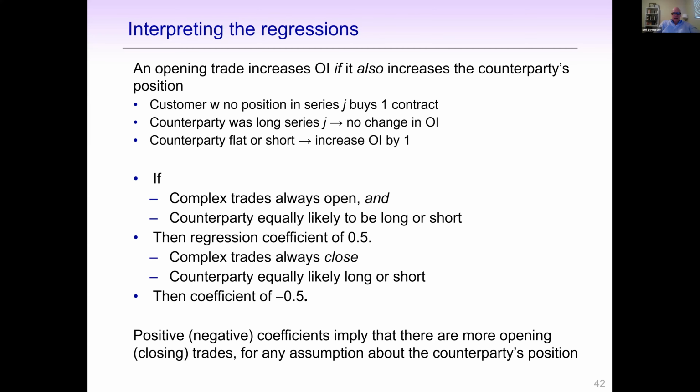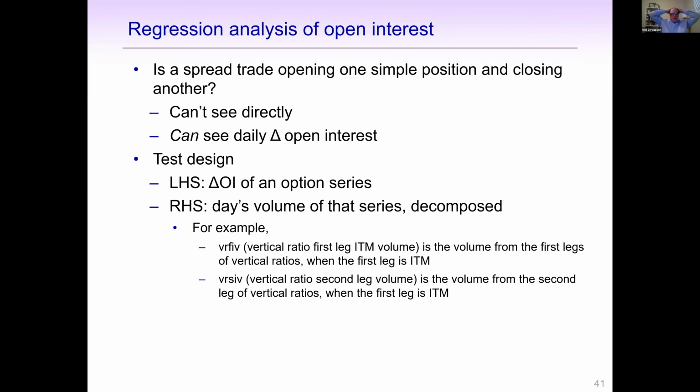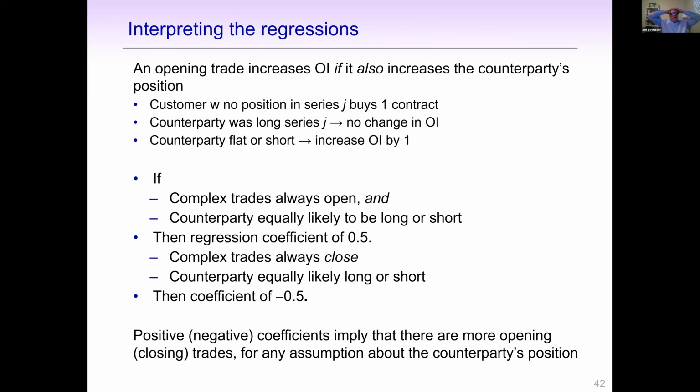Okay. And then the trick is going to be, how are we going to interpret the regression coefficients, right? Left-hand side, change in open interest. Right-hand side, volume in that series that comes from various kinds of complex trades. And the trick is that whether volume causes a change in open interest or no change in open interest depends upon the counterparty's position.